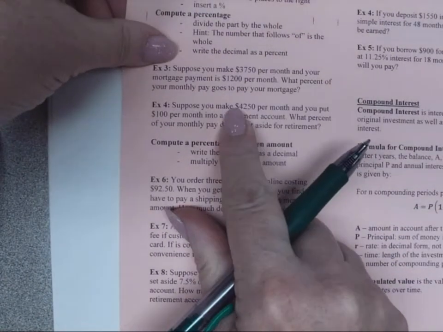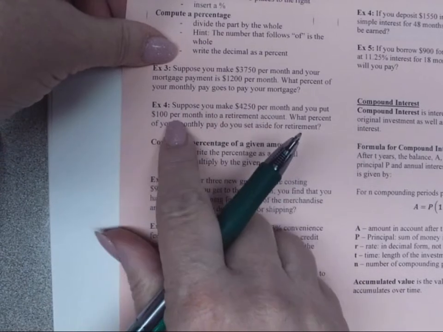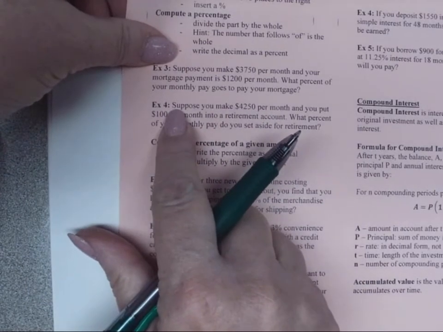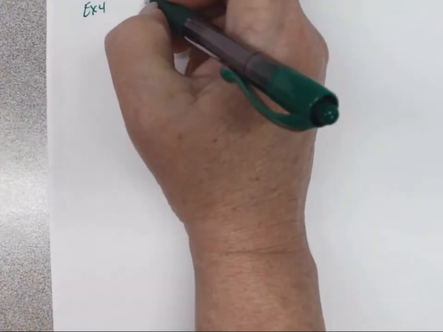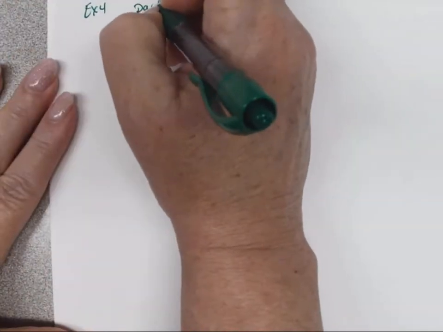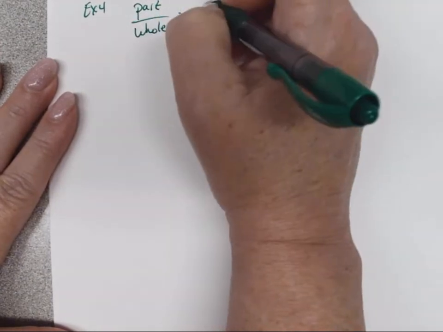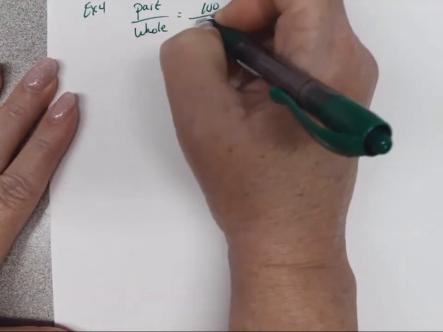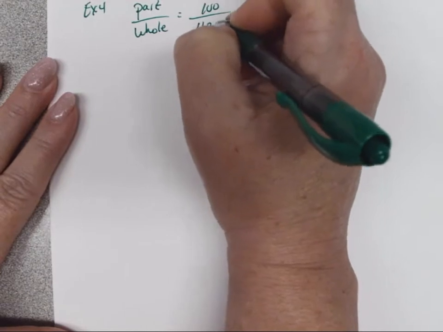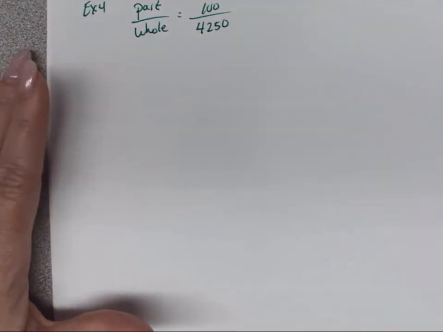So the amount you make is still your whole. The amount you're paying into the retirement is your part. So we're still doing our part divided by the whole. The part is $100 out of your whole amount of money, $4,250.